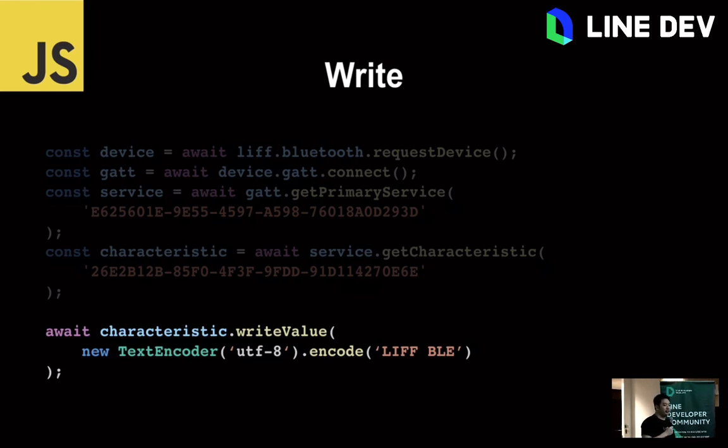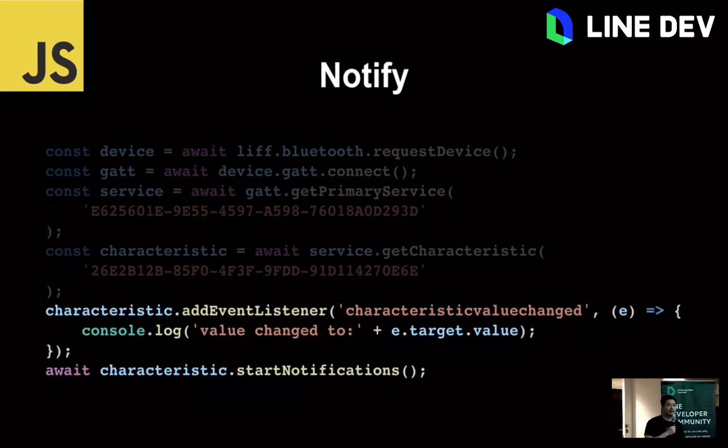Notice that I've used a text encoder here. For Bluetooth, the way it communicates to each other is through bytes, so that's why we needed the text encoder. And lastly, for the notify characteristic, you'll need to add an event listener to a characteristic value change event, and then make sure that you have enabled all the notifications.